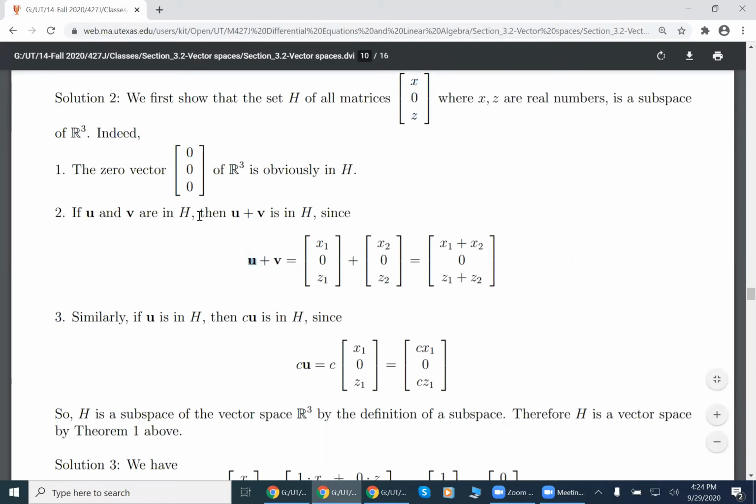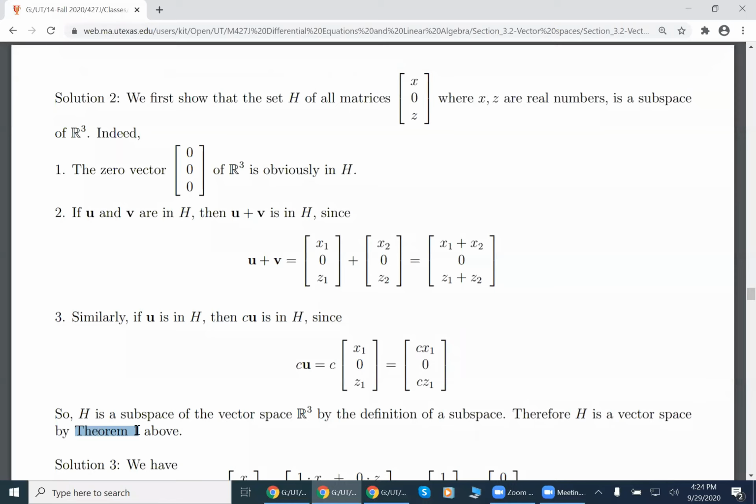If U is from H and V is from H, then U plus V is from H because we have 0 in the middle. Same for C times U. Conclusion: the set of all such matrices is a subspace of R3. Therefore, by theorem 1, it's a vector space by itself.